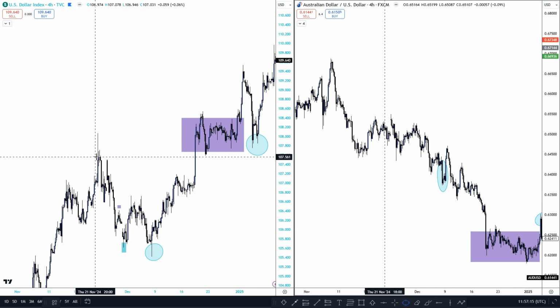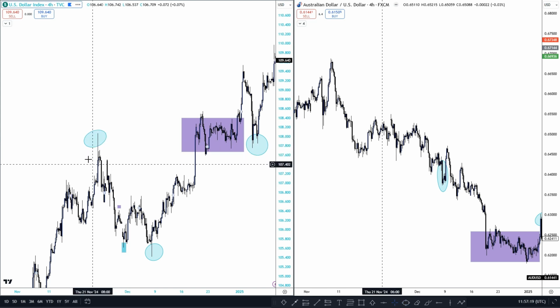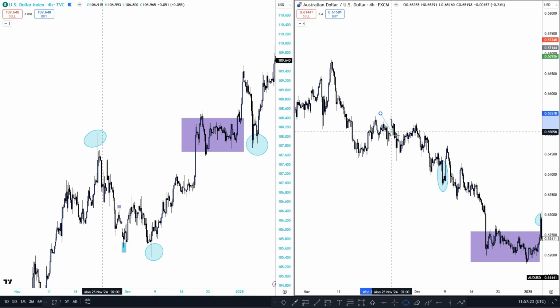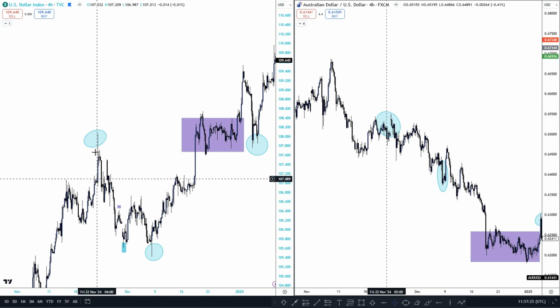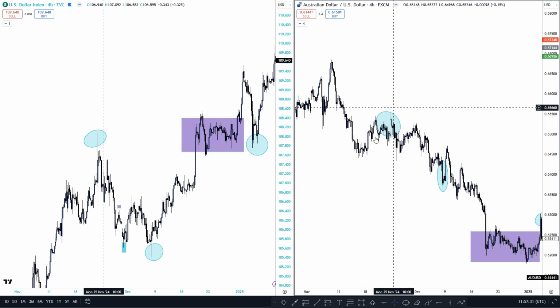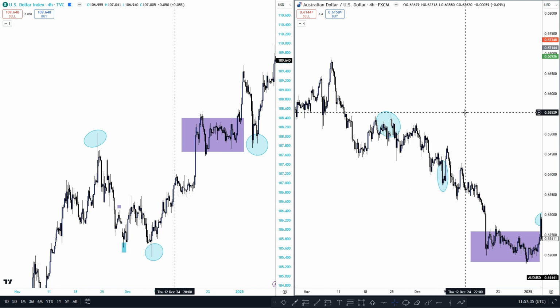If we look at something like this, where we had a large spike of weakness within the market, what can you see? Exactly the same here. Now, this is a very good lesson because why did the US dollar have such a large spike, but at the same time, not much happened on Australian dollar, US dollar. Some pairs are not going to correlate as well as others.